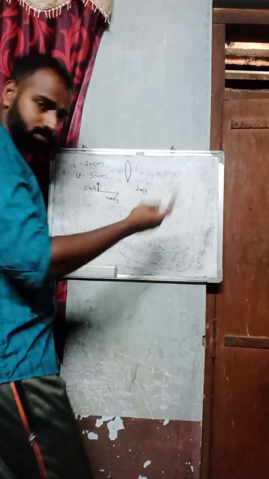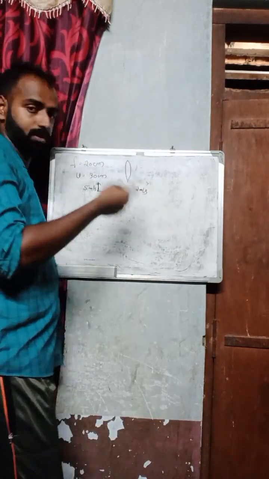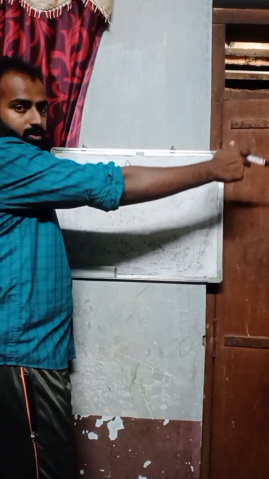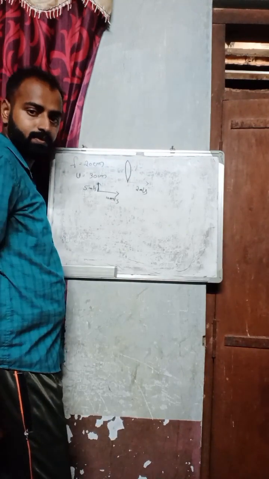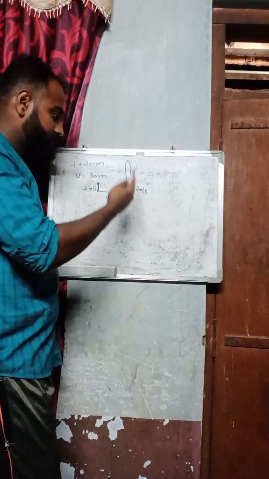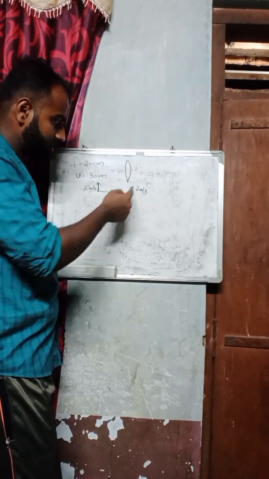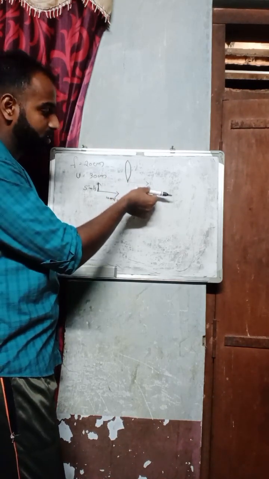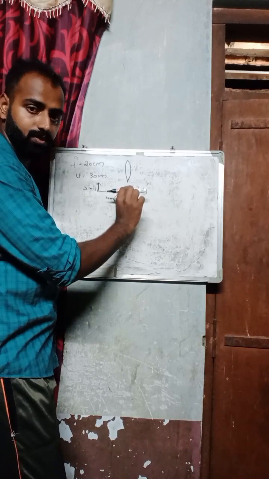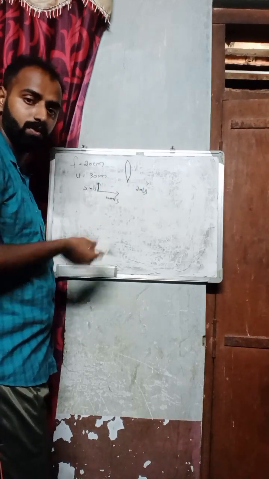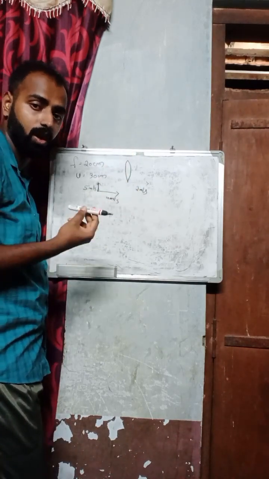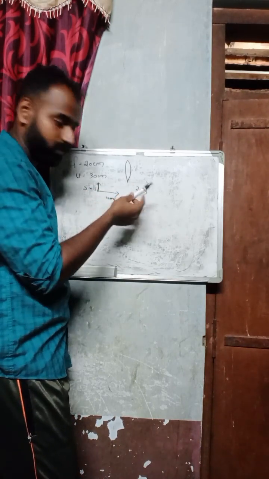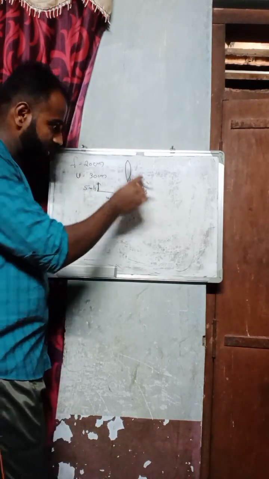The lens is moving only in the x direction. For relative motion, we just reverse the velocity of the frame with respect to which we want. We want with respect to the lens, so we are just reversing.